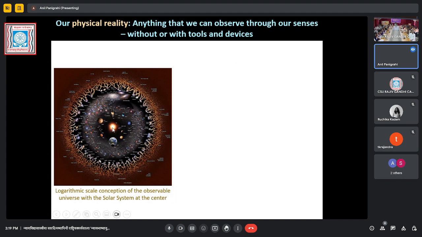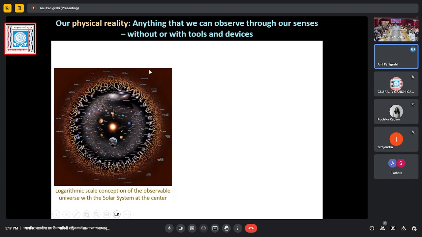If it is centered here, 1 millimeter from here towards this is, suppose, 1,000 kilometers. Then the next millimeter would be 10,000 kilometers, and so on. So if we go exponentially from here to here, it will be 46 billion light years.